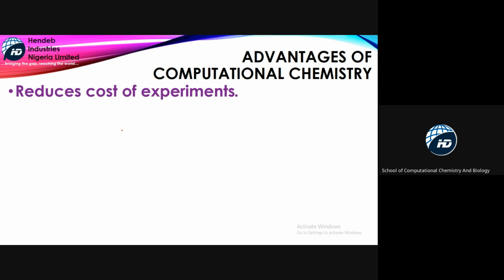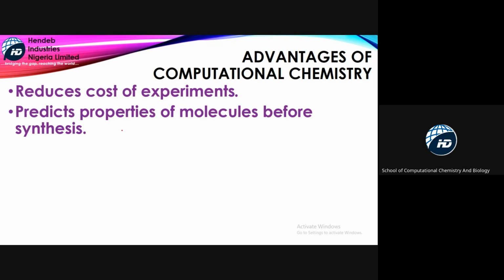So it saves time, it reduces cost, it predicts the properties of molecules before synthesis. So I can know the properties and behavior of my molecule even before I synthesize it. Like I said about Scientia, it can help you develop your synthetic routes. So you can know if this synthesis is feasible or not without going to the lab.